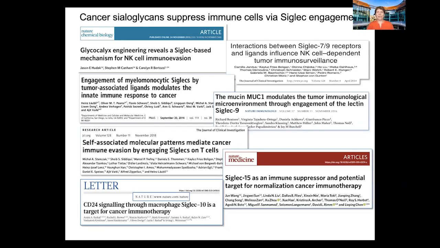So there was a decade during which our group and many other groups published showing that various Siglecs on various immune cells, including T cells, macrophages, NK cells, that all of these immune cells can be modulated by the sialoglycans on the cancer cells.